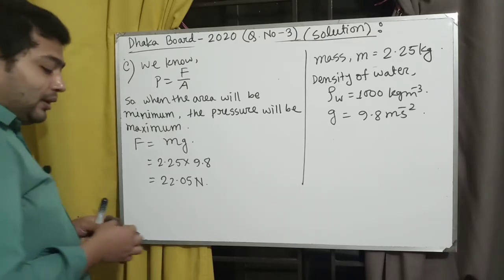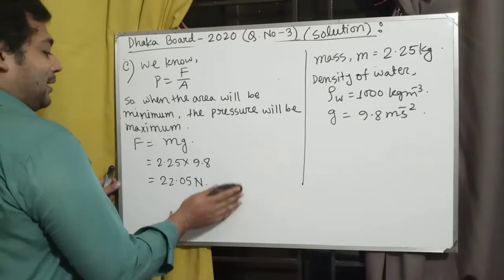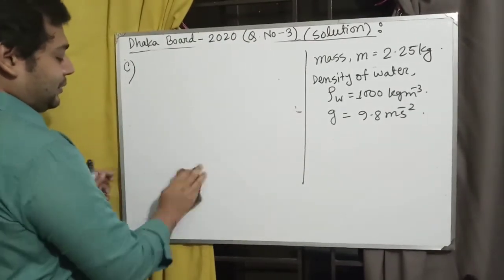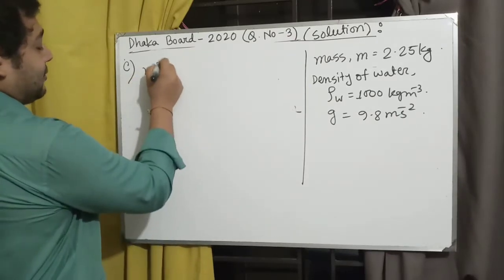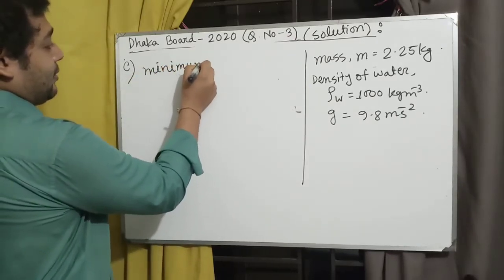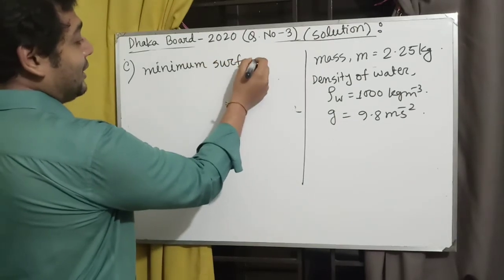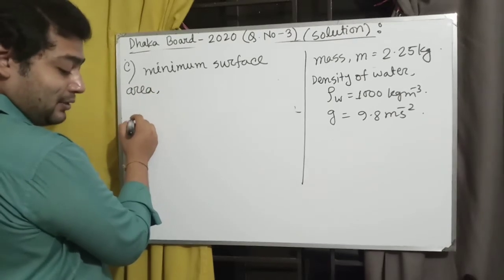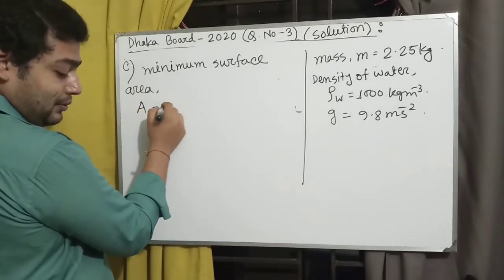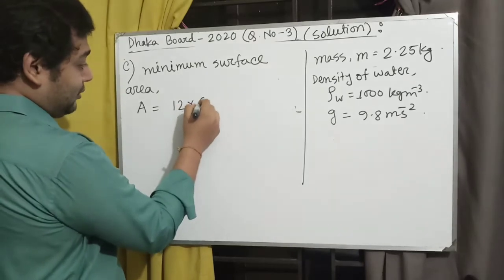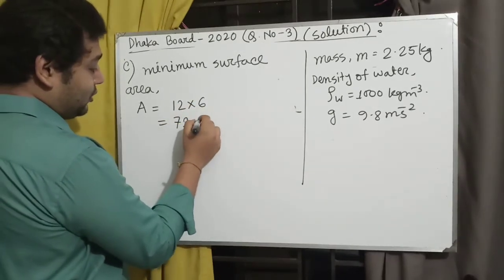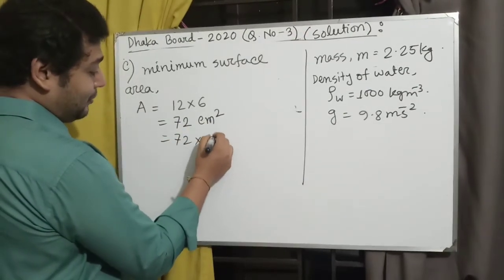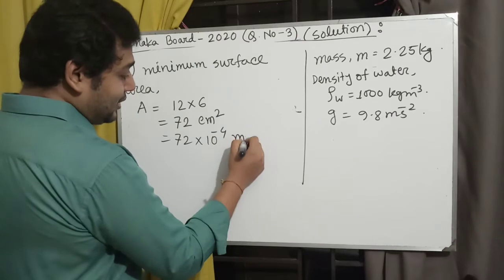Now, minimum surface area A equal to 12 into 6 or 72 centimeter square. So we can write 72 into 10 to the power minus 4 meter square.